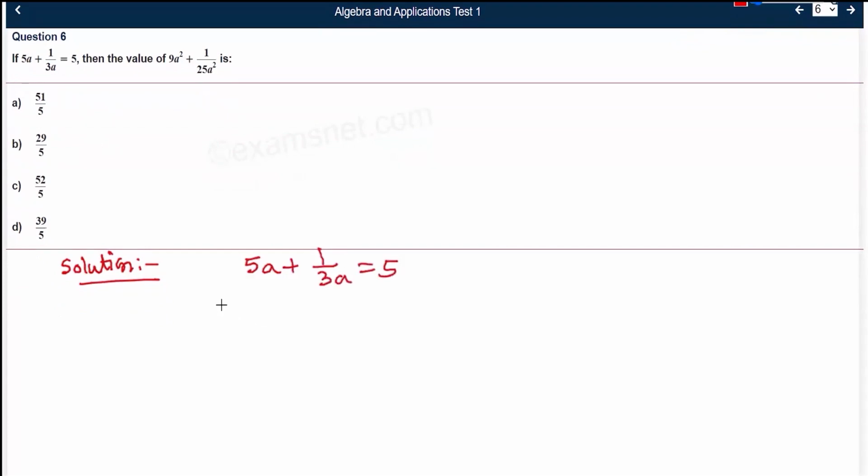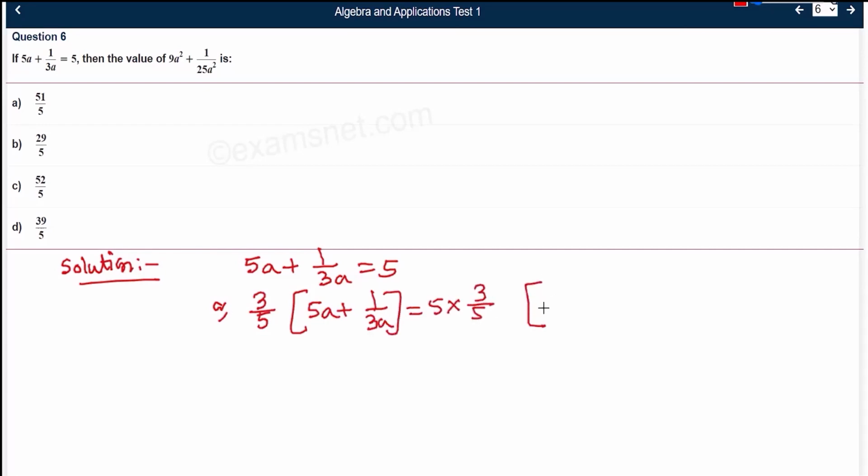Correct. Now, in order to get the expression like 9a square plus 1 by 25a square, I would like to multiply both sides with 3 by 5. So 3 by 5 times 5a plus 1 by 3a, and 5 multiplied by 3 by 5.